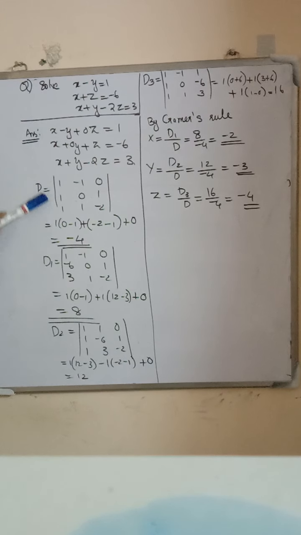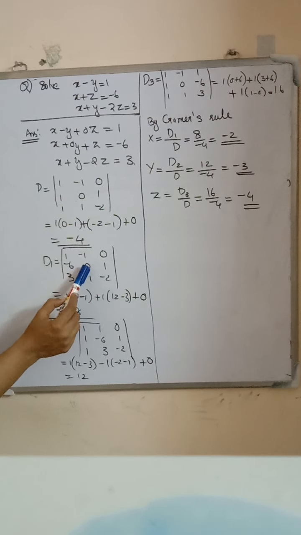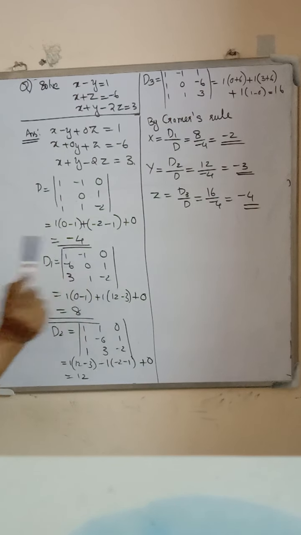Then calculate this determinant, we get minus 4. Then find the determinant D1. D1 is obtained by replacing the first column by 1, minus 6, 3, and the remaining columns are same as D. Calculate D1, we get the determinant as 8.